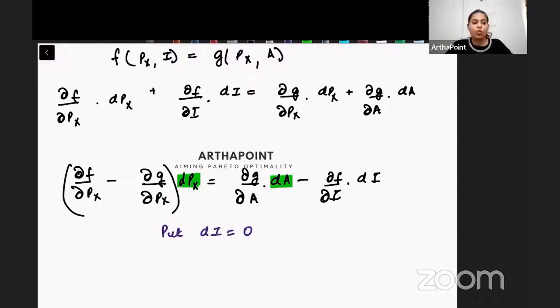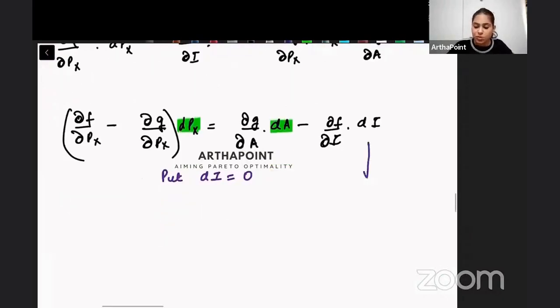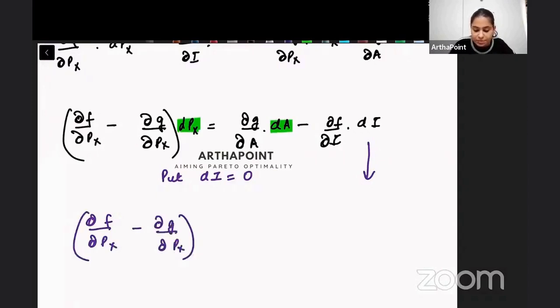When you put dI equal to 0, you will get del F by del Px minus del G by del Px, dPx equal to del G by del A, dA.